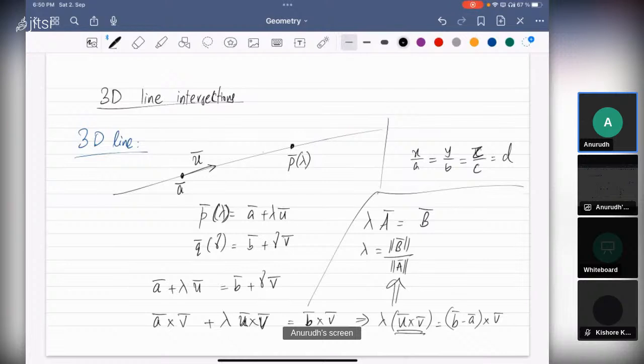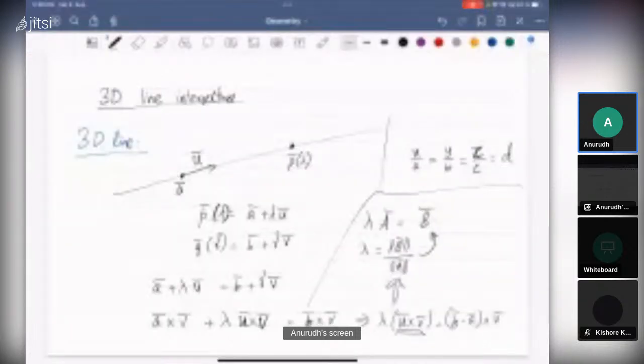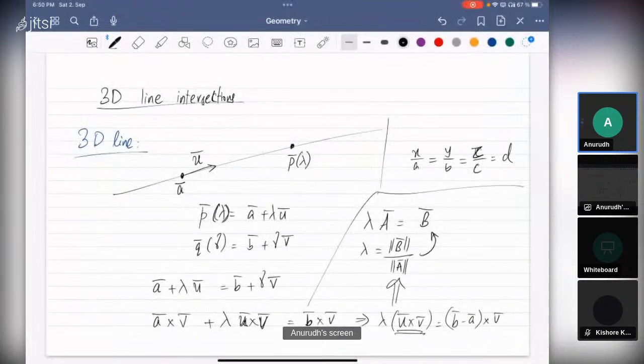Once you find this lambda and plug it back here, the only thing lambda can do is scale A. It cannot fix the direction of A if A and B are actually different. So if A and B are in different directions, then the value of lambda that you compute is not going to solve the equation, and you get skew lines.